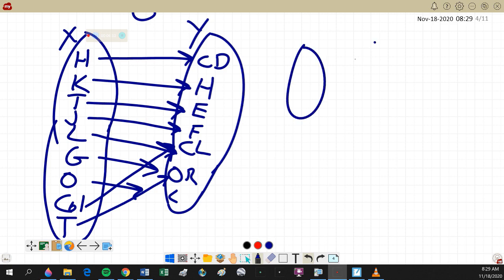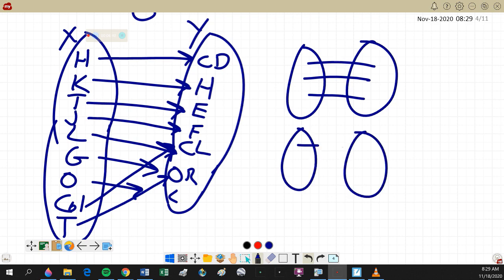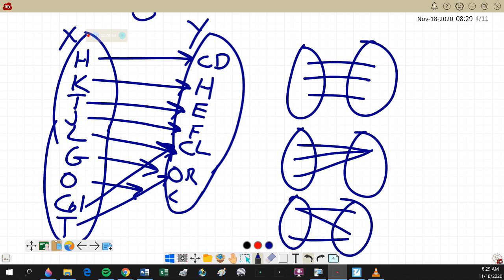Okay? So, how do we determine if something is a function or not? So if I had this, is that a function? Yes. If I had this, is that a function? Can everybody live in Orangeville? Yes. Is that a function?